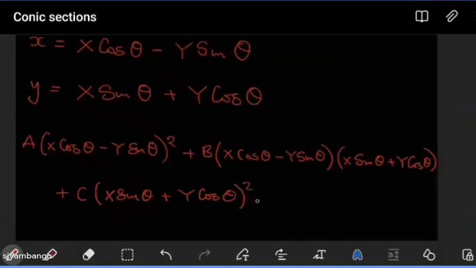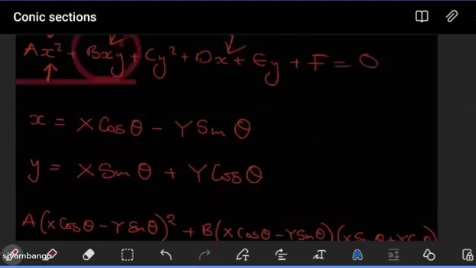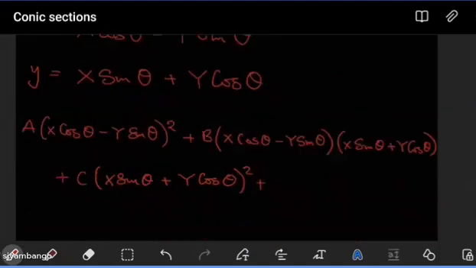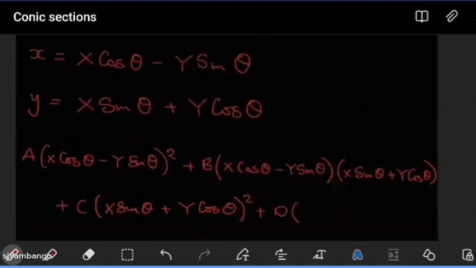Then I have plus, now I'm going to d. And d has an x. So it's going to be d multiplying. So where we have small x, we are substituting capital X cos theta minus capital Y sine theta. So that is d.